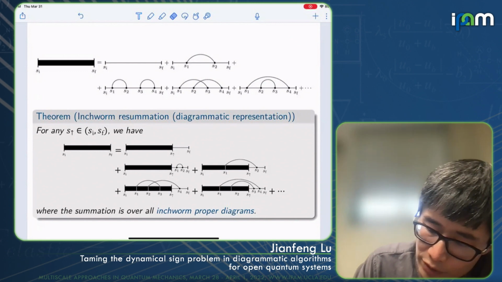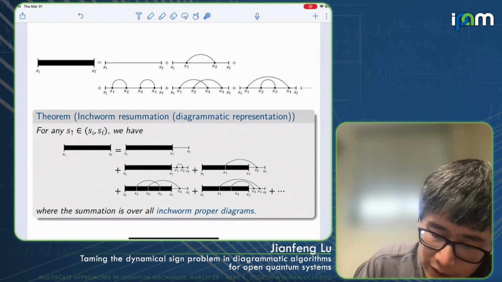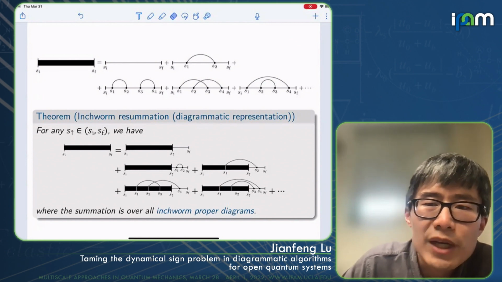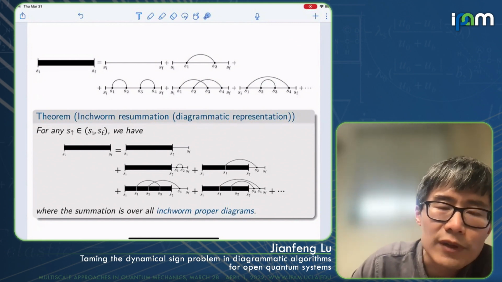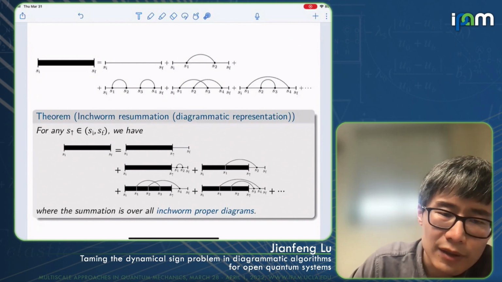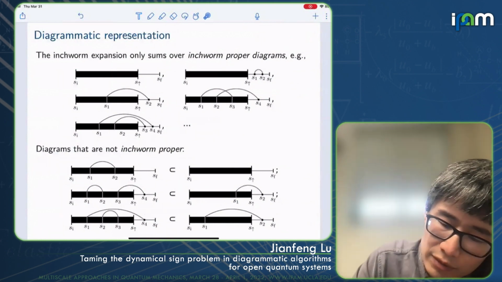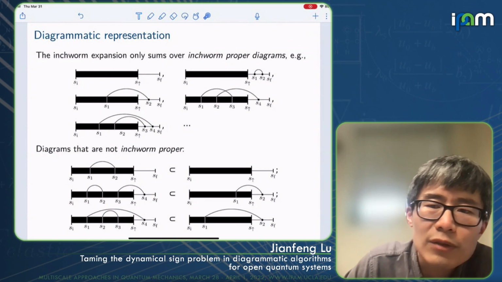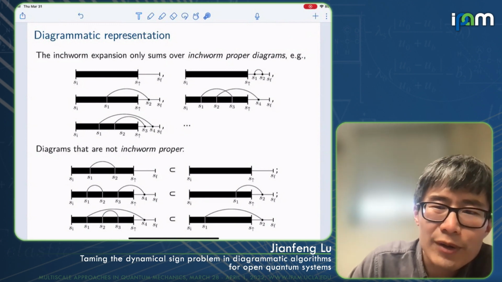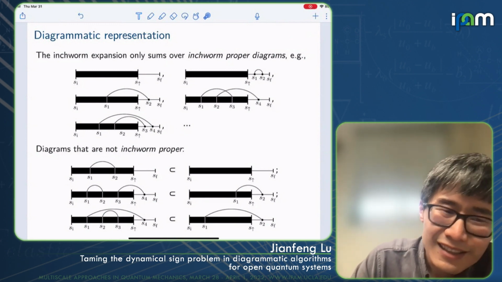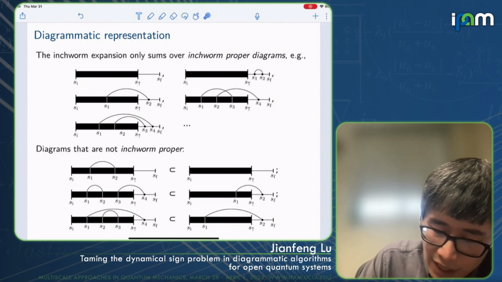On the right-hand side, the difference is that you're using these bold-line diagrams. But there is a restriction, because you're doing resummation, so you are restricting the diagrams that you sum over. There are things that are not proper, so let me explain what that means. The proper diagrams in the inchworm expansion, or this diagrammatic expansion by reusing the bold line — and for the mathematicians in the audience, don't worry, I'll come back to a more friendly interpretation of what's going on — there are a few things that are not inchworm proper.